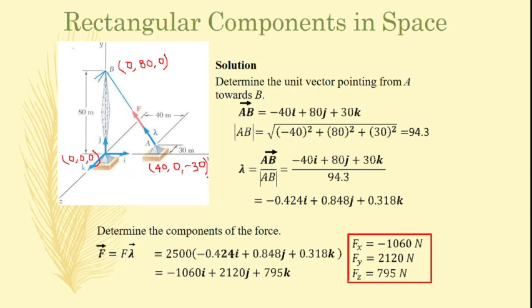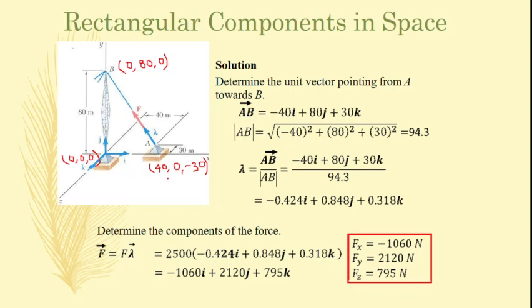Now once you identify the coordinates of each point, then we can find the unit vector which acts from A to B. The position vector from A to B we get from x2 minus x1.